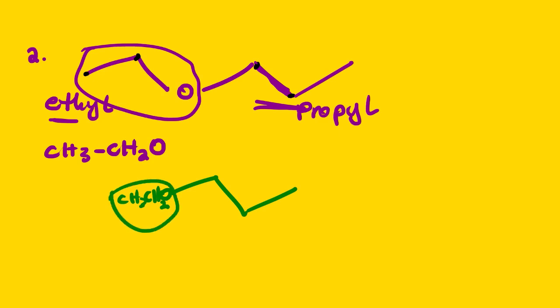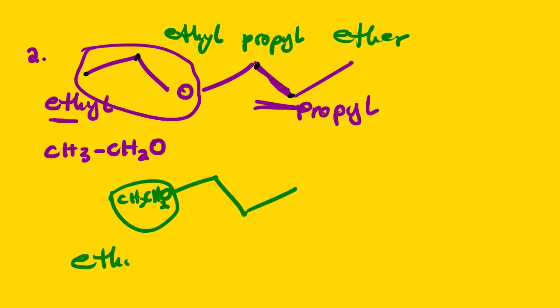So this is a substituent, it's a branch. So in this case, the common name will be ethyl propyl ether. And then the smaller group, or the substituent, will be ethoxy. Ethoxypropane.